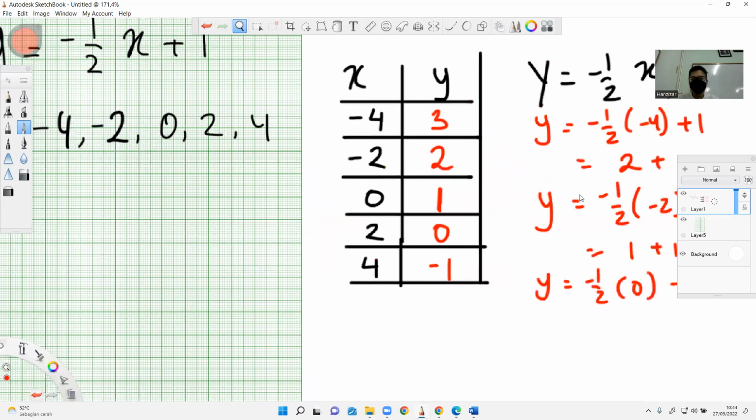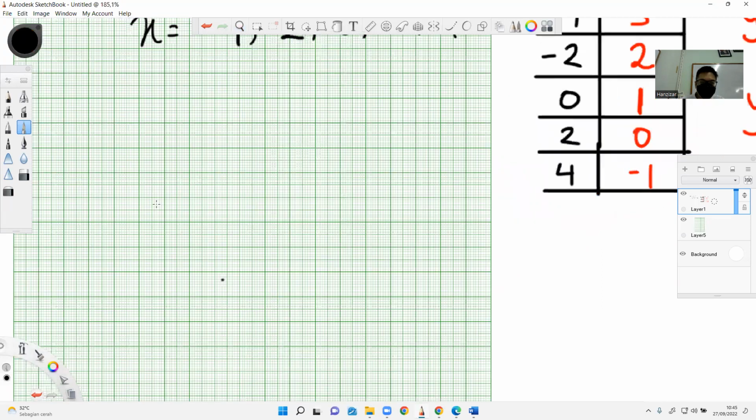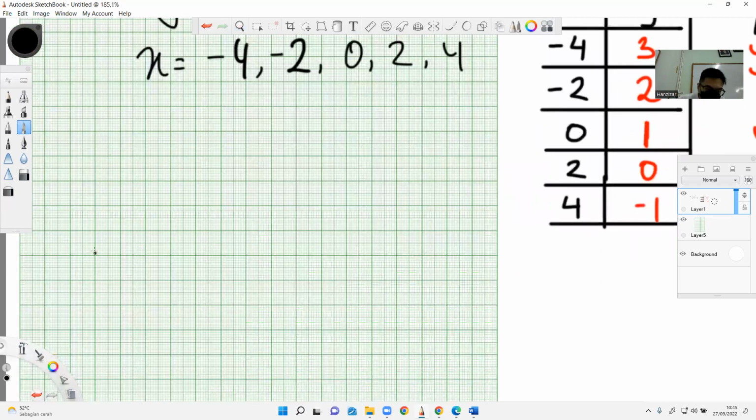Okay, and then it's a line again. So how do you draw the line? Again, draw the x starting from negative 4 until 4, right? Do it slowly. Negative 4, negative 3, negative 2, negative 1, 0, 1, 2, 3, 4.